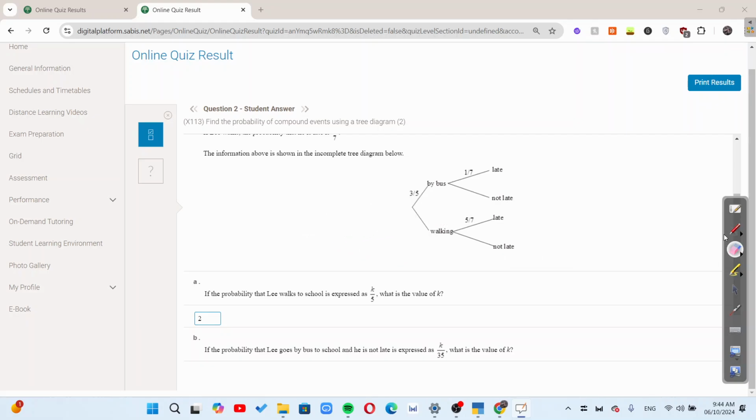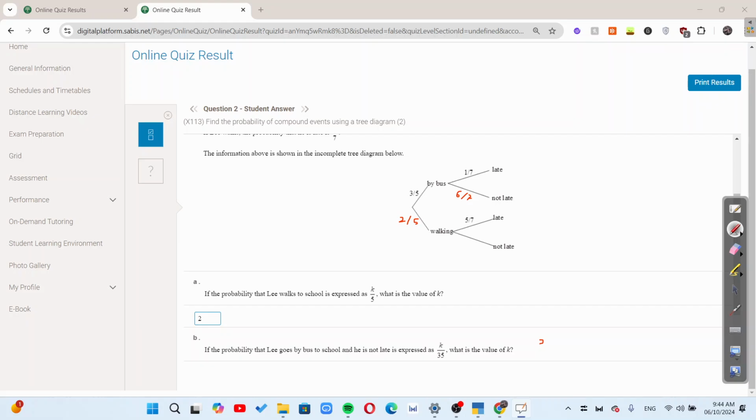I'm just going to erase this. So the probability that Lee goes by bus to school and he's not late we have to calculate. The chance that he's not late is 6 over 7, and the chance he goes by bus is 3 over 5.